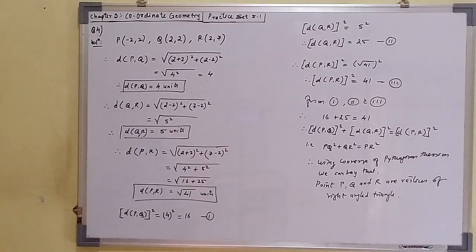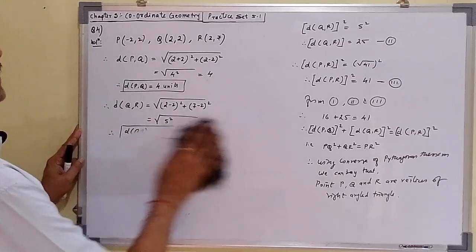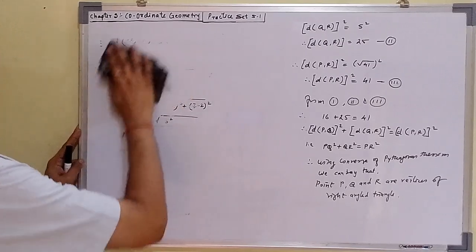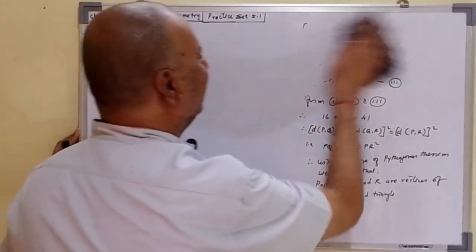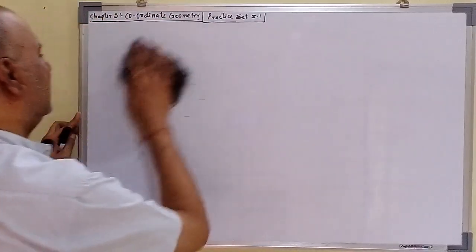Now we go to question number 6. No, question number 5. Why the hurry for 6? Question number 5 first, and then question number 6.